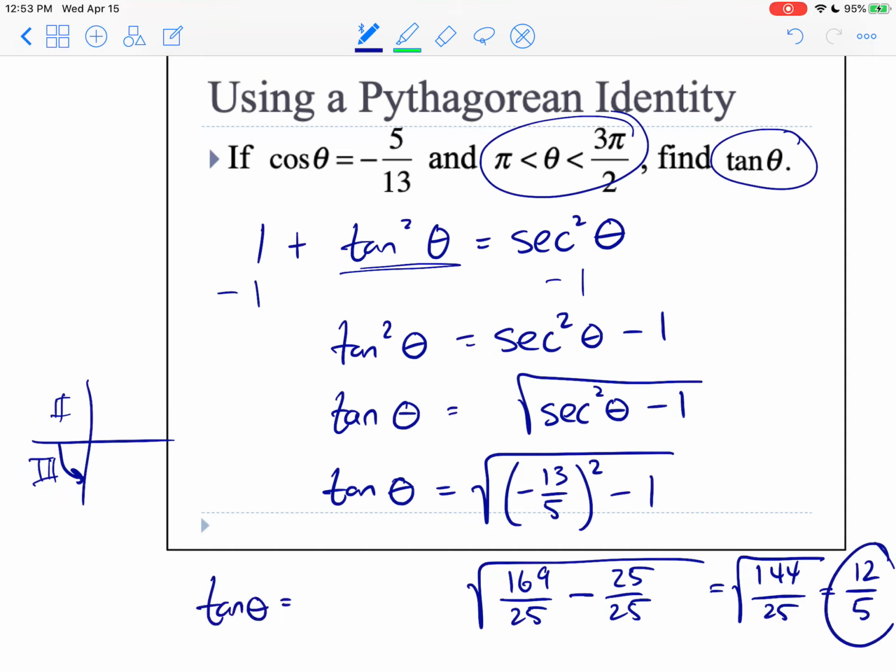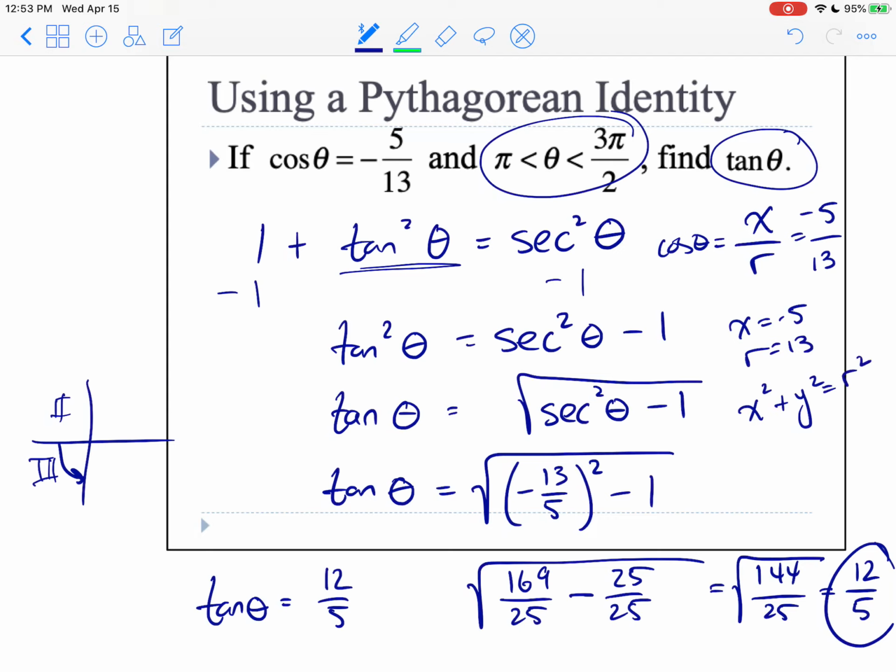So tan of theta in this scenario is 12 over 5. We've already done problems like this before. If I know that I'm in the third quadrant and the definition of cosine is x over r, if cosine theta equals x over r, that means x is equal to negative 5 and r is equal to 13. And if x is equal to negative 5 and r is equal to 13, then x squared plus y squared equals r squared.